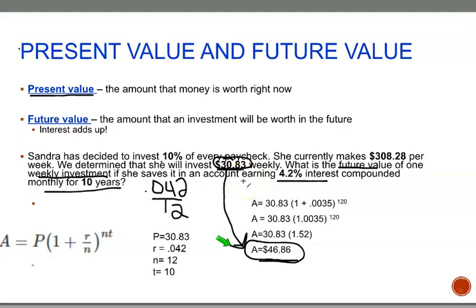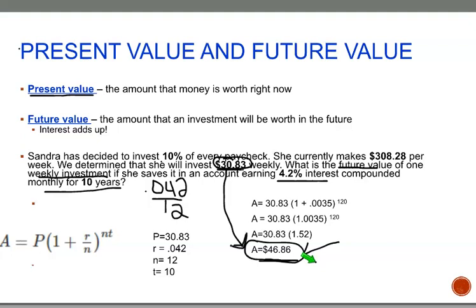It increases by about $16.03, it looks like. Okay, so this is the future value. Will it be 100% accurate in 10 years? We don't know. There's lots of variables, lots of things to consider with the government and with the banking industry and the interest rates, and all that. So that's how you find the future value.